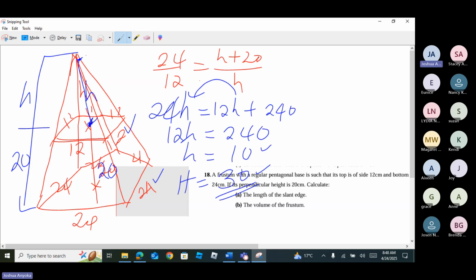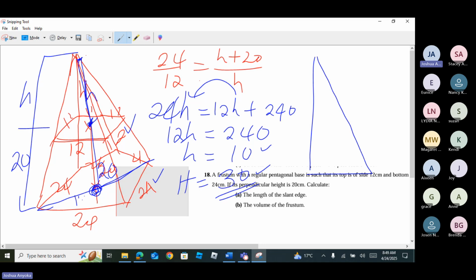What we are working out is the length of the slant edge. There are many approaches. If I extract one right angle triangle from here, the bottom and then the diagonal... The diagonal is not the case here.